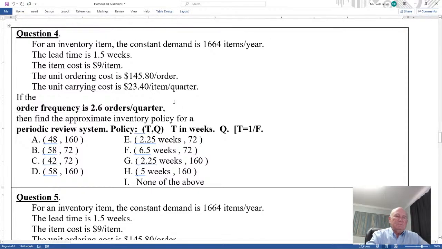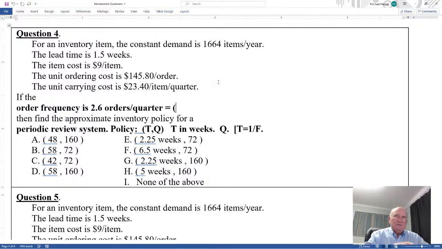Notice that time is in the denominator. If you order 2.6 orders per quarter, I highly recommend transforming from quarters to years, and years back to weeks.